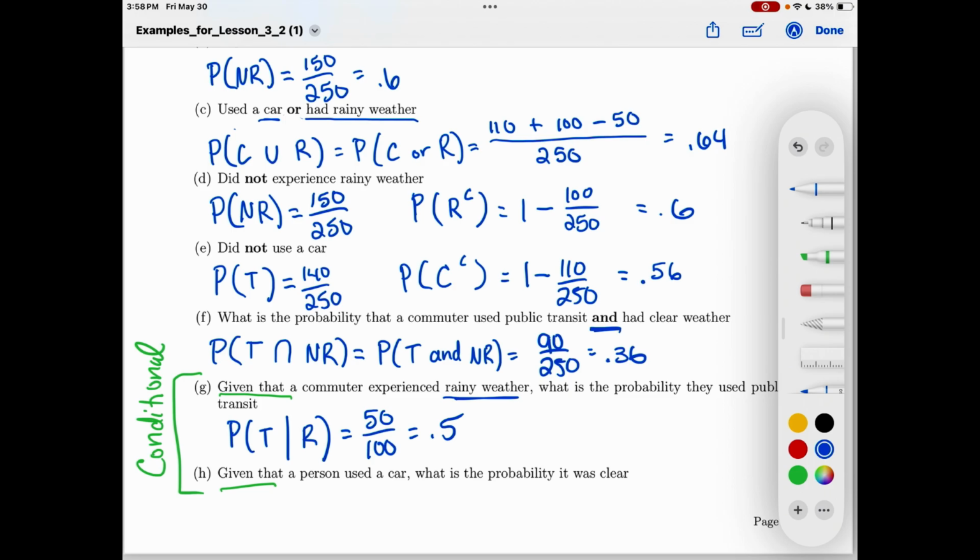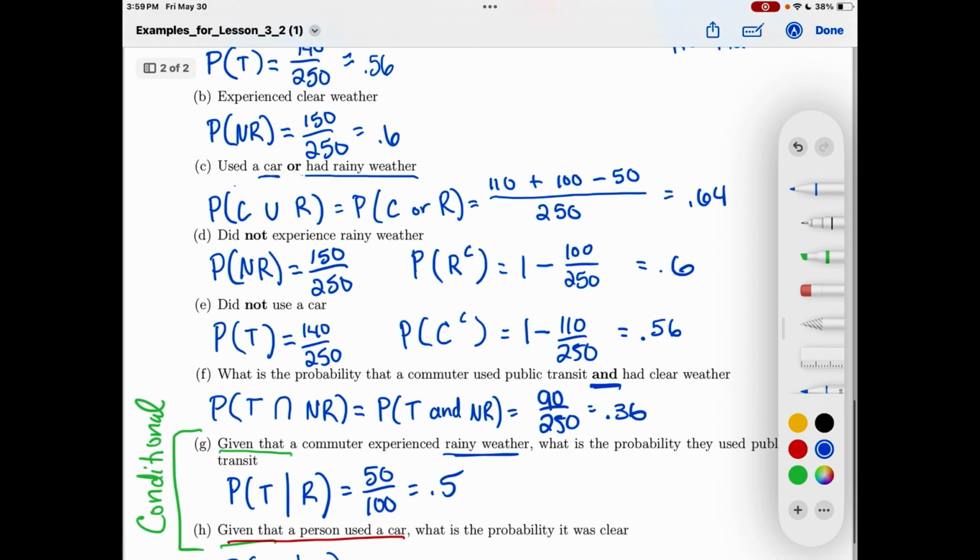Okay, last example, given that a person used a car, what is the probability it was clear? So we're looking for the probability that there was no rain under the assumption that the person used the car. So we're only looking at the group of people that used the car, and then out of just that group, we're looking at who experienced clear weather.